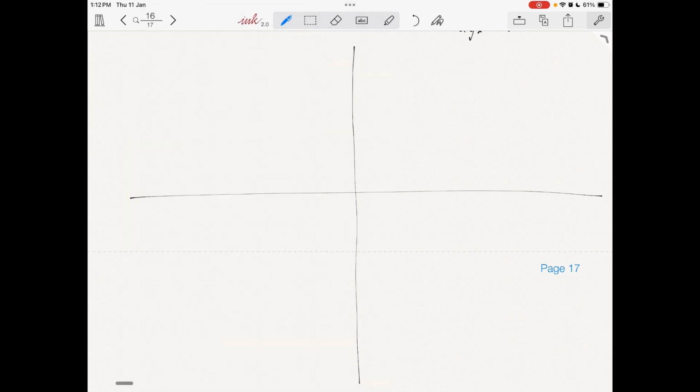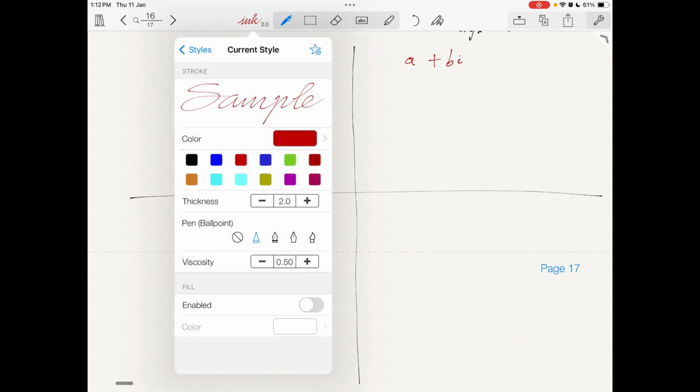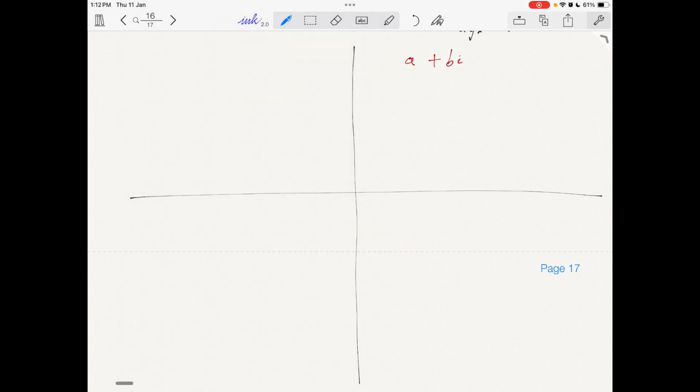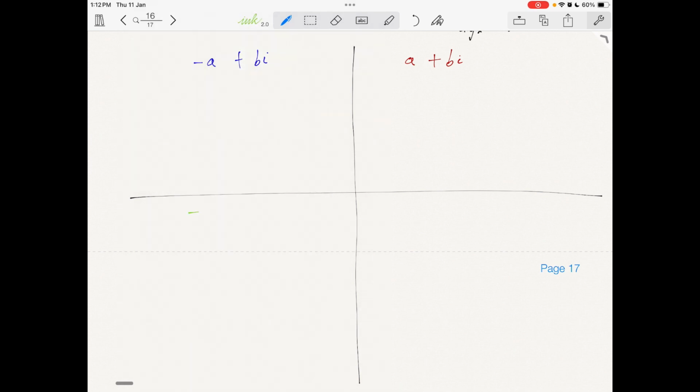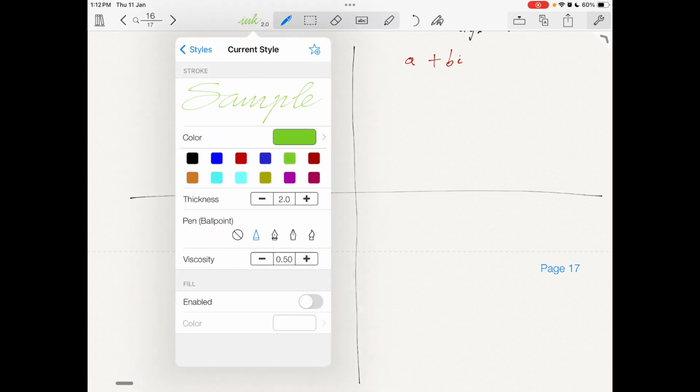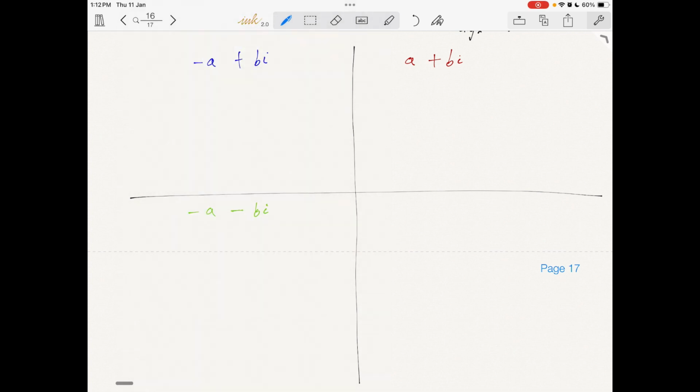We can call this A plus BI, and we can call this minus A plus BI. This can be called minus A minus BI, like we solved before, and definitely this is A minus BI.